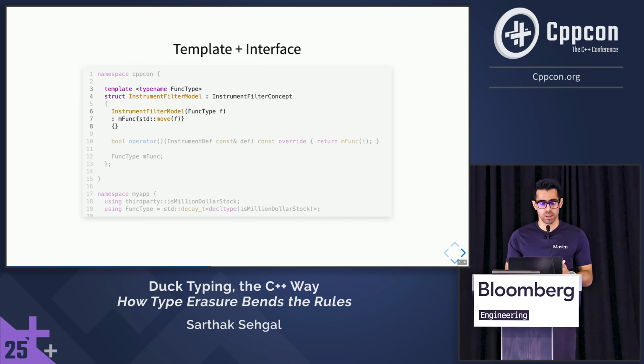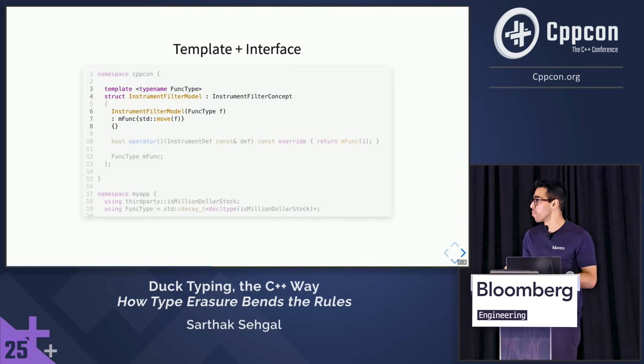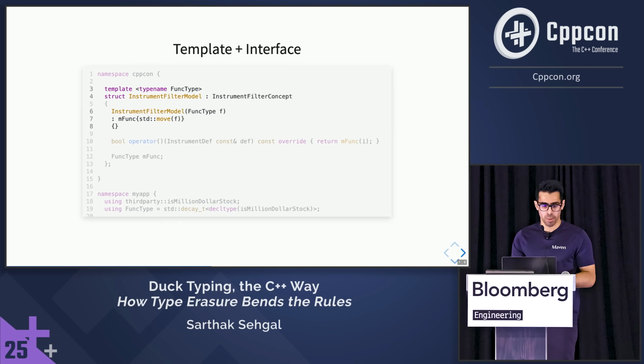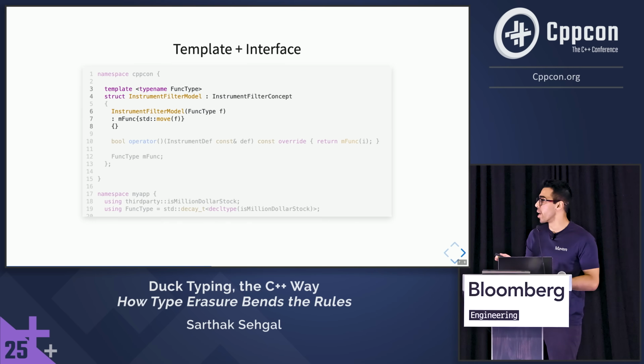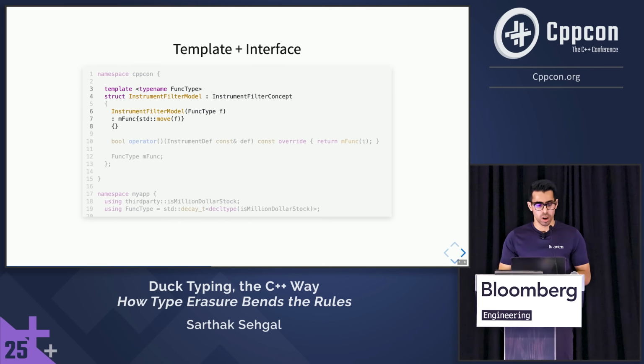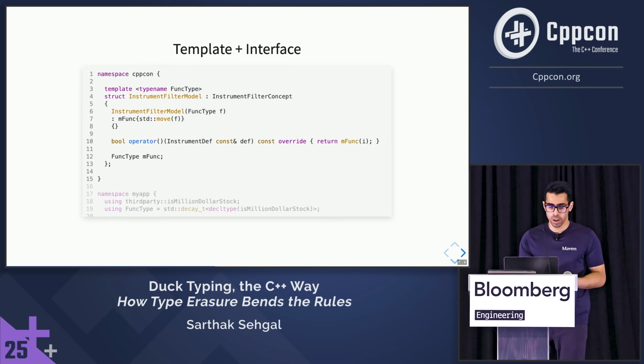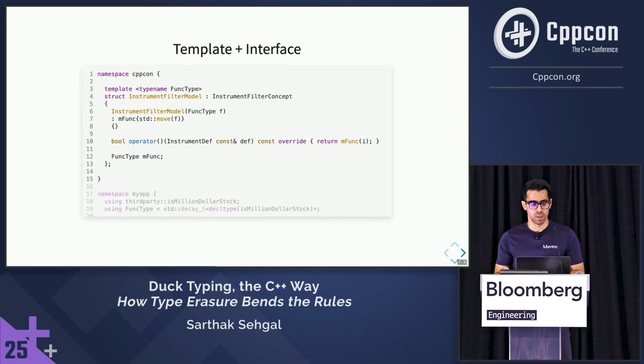It's simply a templated type, and the type is func type, and it takes that in as the constructor, and simply stores it inside the class as a data member.